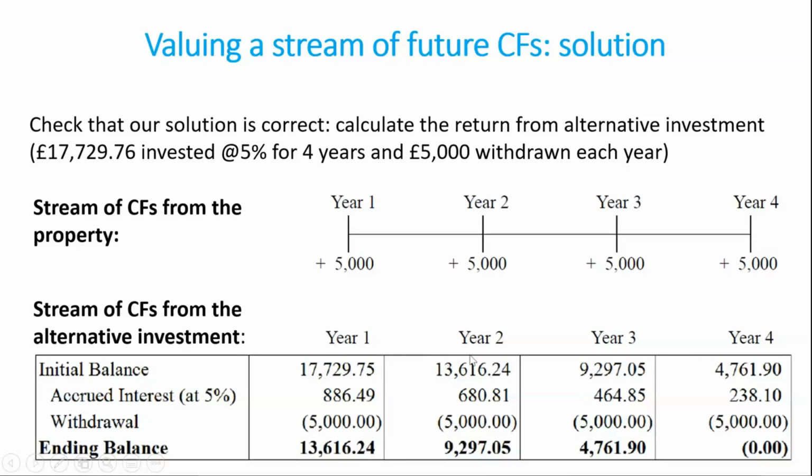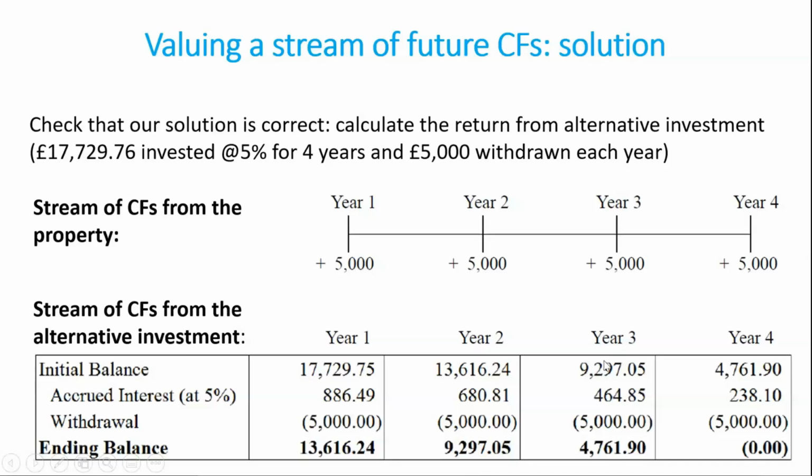At the beginning of the second year, we invest this specific sum, whatever is left. We accrue some interest on top of this capital, 680. At the end of the year, we withdraw £5,000 as well, because we try to replicate our stream of cash flows, which will leave us with a smaller sum, just less than 9,300.